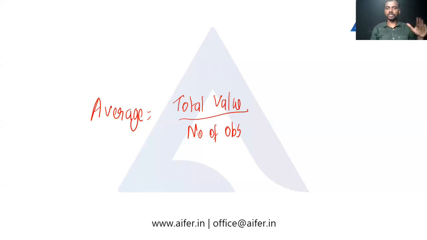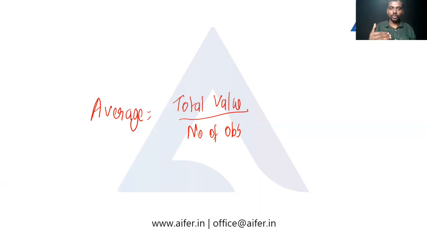Average is equal to total value by number of observation, which means suppose we have 10 students in a class and 10 students have different amounts of money. One has 100 rupees, one has 150, one has 200, one has 300, 400, etc. If I ask you what's the average of the money each student is having, average means when we are equally distributing the total amount of cash to everybody, then we'll have the average value.